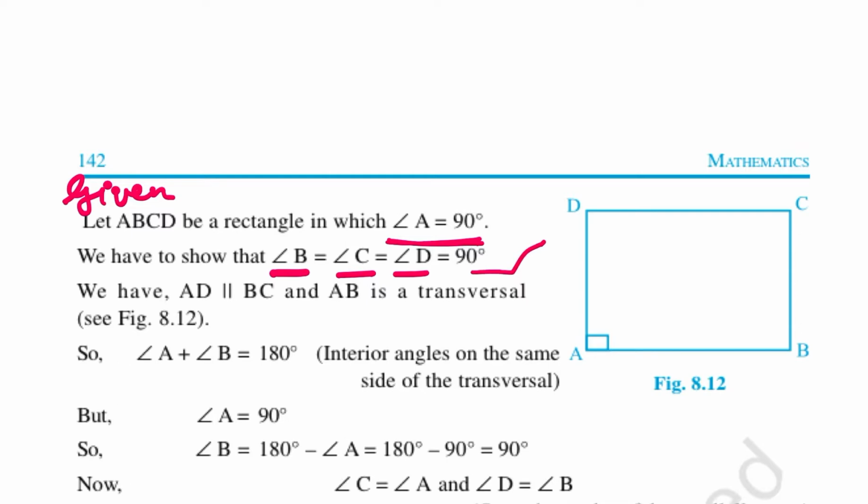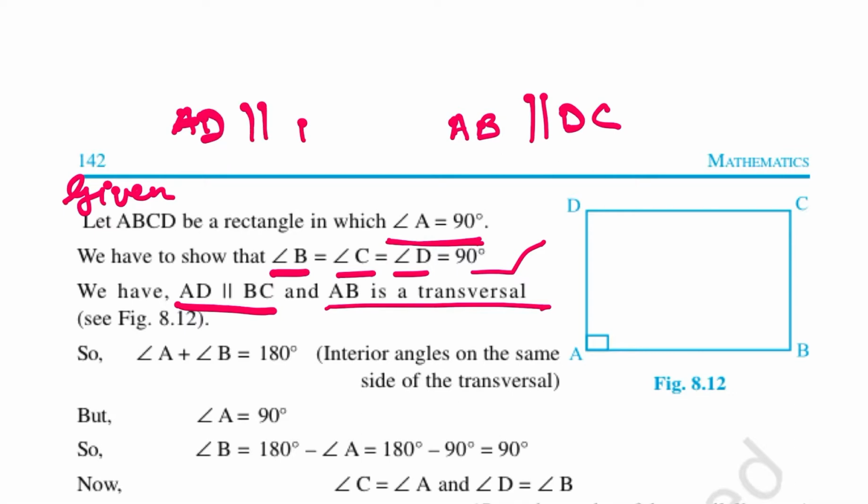So we know that AD is parallel to BC and AB is a transversal because it is a parallelogram, and according to the properties of parallelogram, opposite sides, that is AB and DC, are parallel to each other. Likewise, AD is parallel to BC because they are also opposite sides.